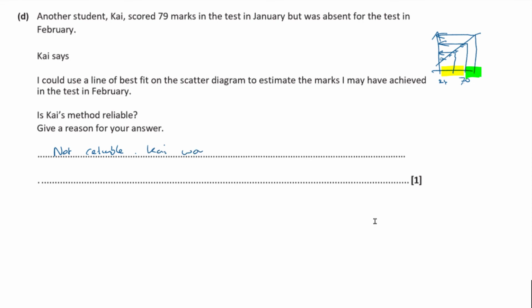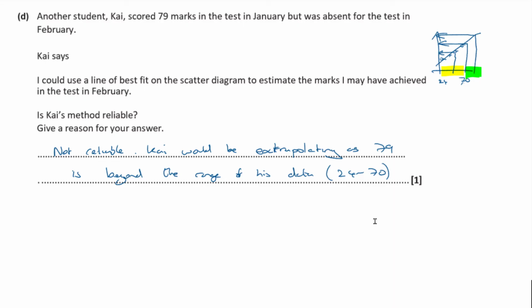Kai would be extrapolating, as 79 is beyond the range of his data, which is, what was it, 24 to 70?